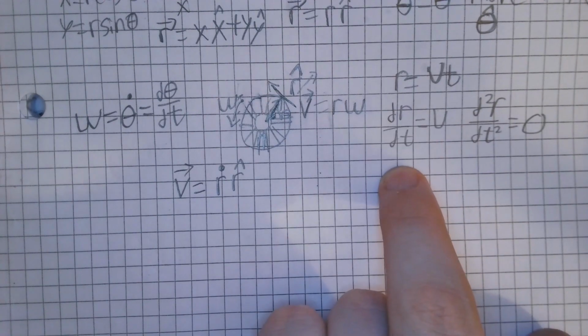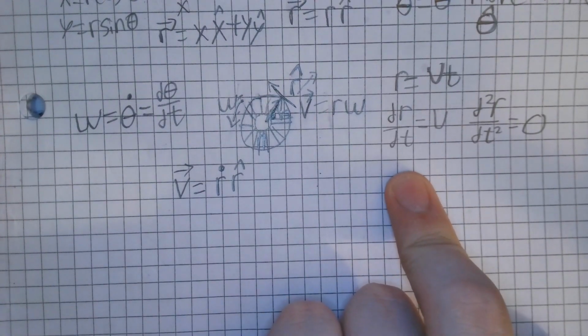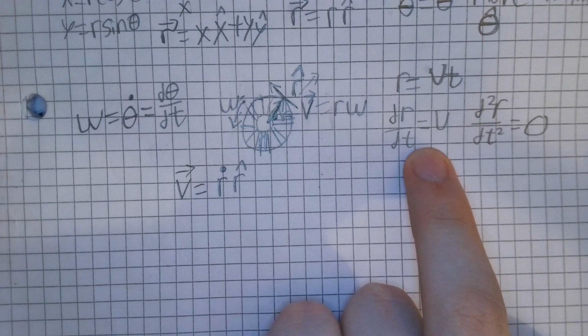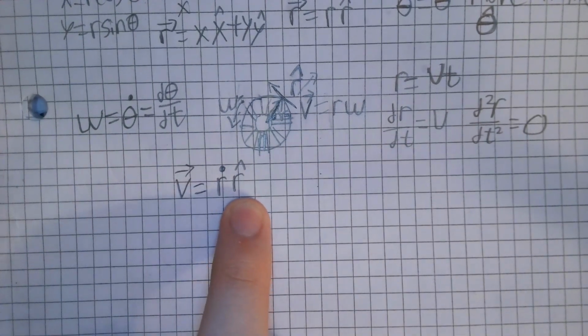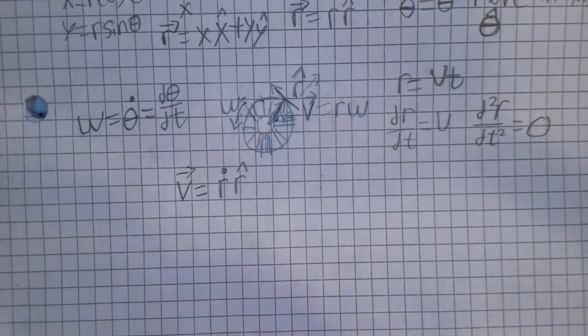The dr over dt, the instantaneous change in position, rather, with respect to time, r dot, and it's going to point in the r hat direction.